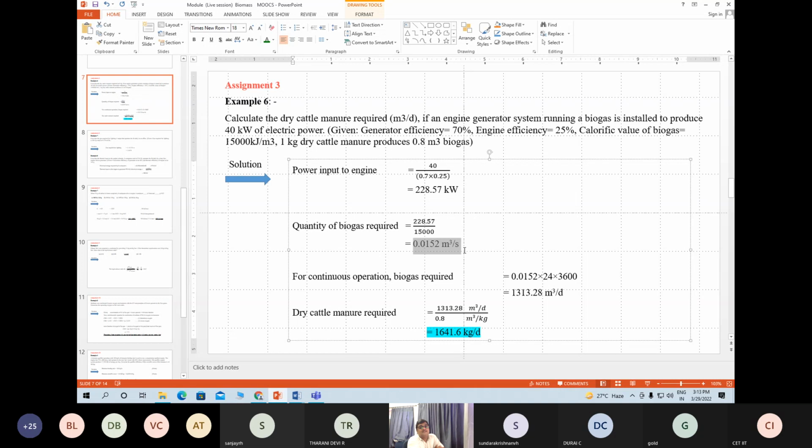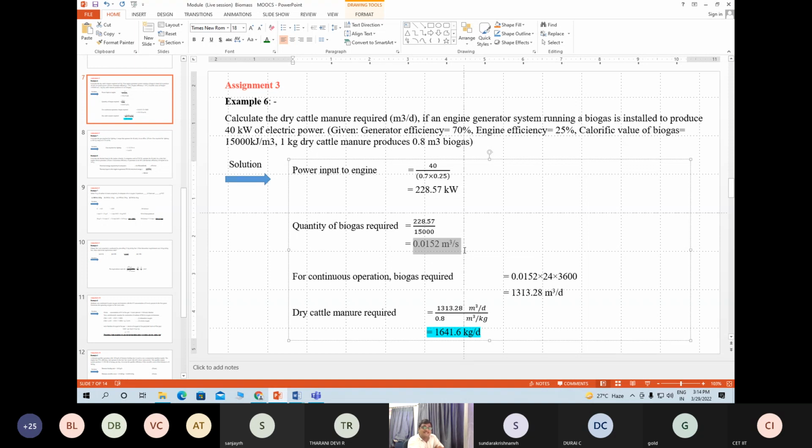Now, we know that the gas produced from 1 kg of dry cattle manure is 0.8 meter cube of gas. The total amount of gas required is also known, and we know how much gas is produced per kg of material.